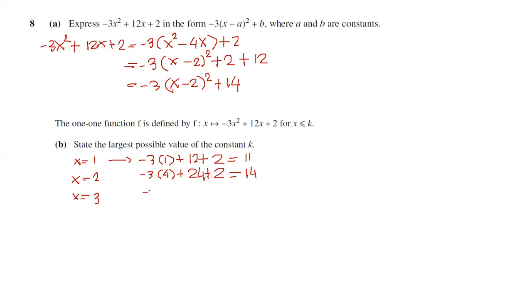If 3: 9, plus 36, plus 2, 11. So of course, the largest possible value of k is this one. So the answer is 2.